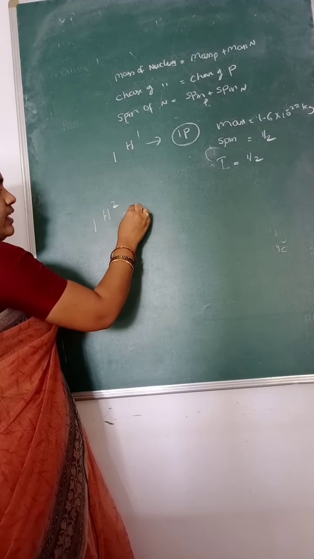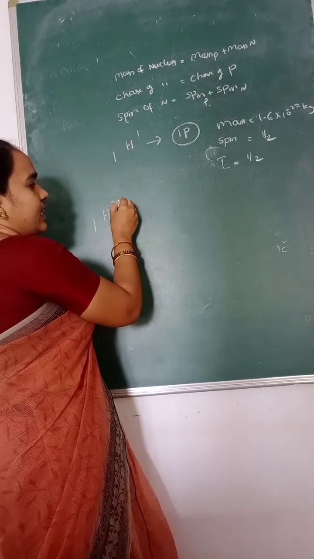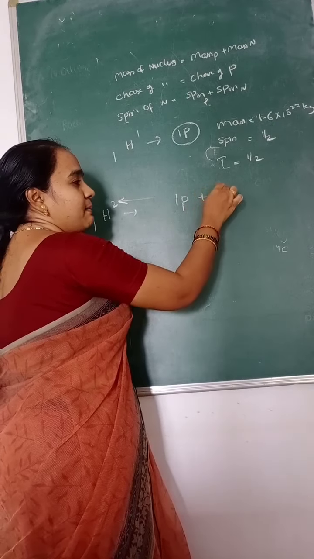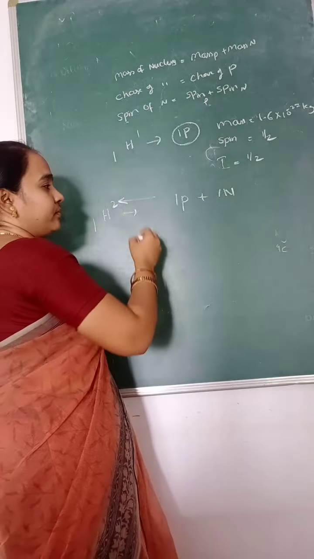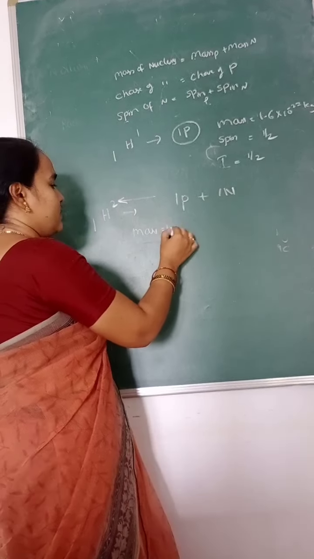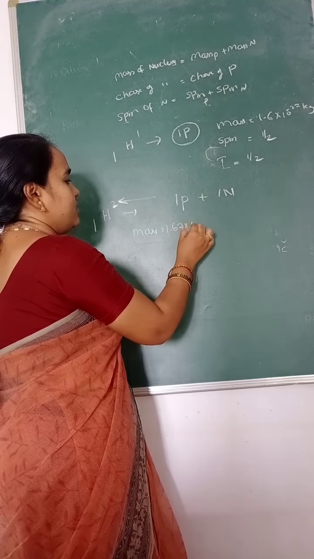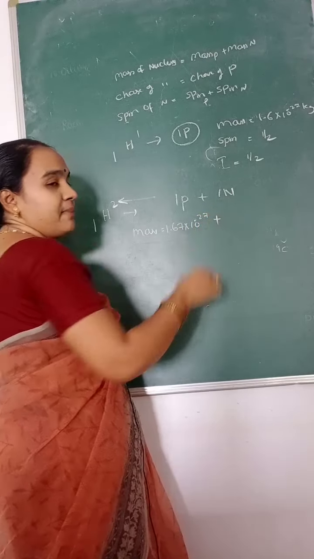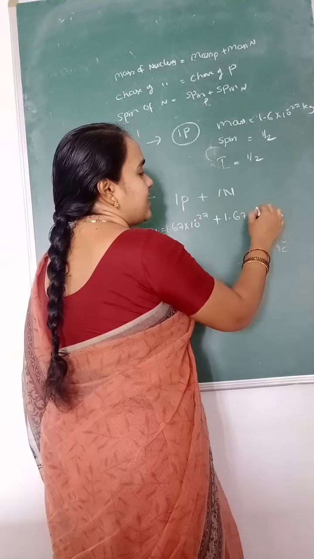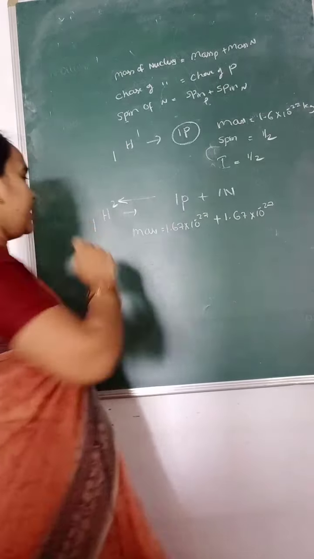Next, consider deuterium, that is 1H2. Inside the nucleus, we have one proton plus one neutron. Hence the mass is 1.67 into 10 power minus 27 plus 1.67 into 10 power minus 27 kg.